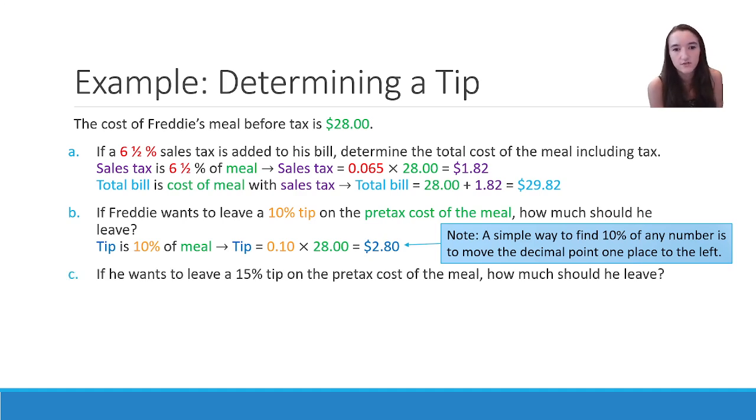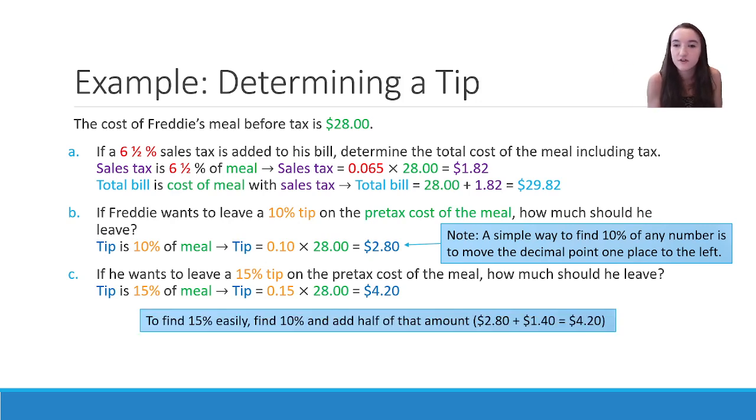If I then wanted a 15% tip, I could use that, but we'll get back to that. The tip is 15% of the meal. Same problem: I get 0.15 times 28 for 4.20. But here's a simplified way to do this, and the reason I'm doing this problem is as a hint for when you're calculating a tip. To find 15%, we find 10% and add half of that amount. So 2.80 plus half of 2.80, which is 1.40, gives you 4.20.